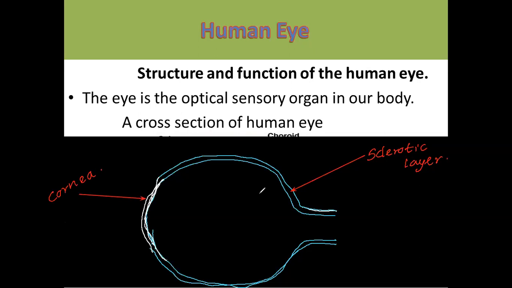Inside this you can see the choroid layer. It contains blood vessels and all. Choroid layer. This red color part.